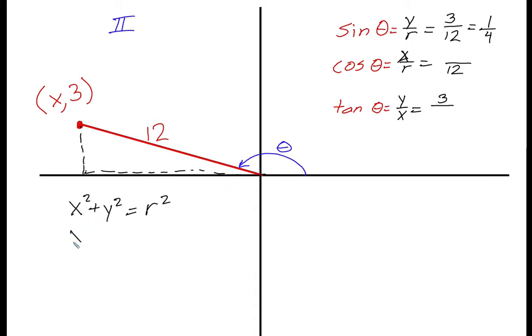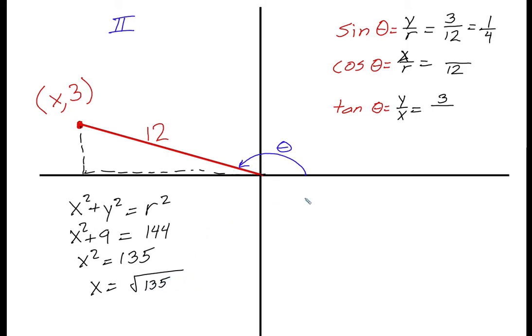So we've got x squared plus 3 squared, so 9, equals r squared. What is that? That's 144. Subtract 9, and we've got 135. And if we wanted a decimal, we could take the square root of 135 to find out what x is.